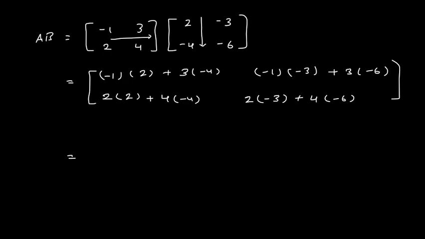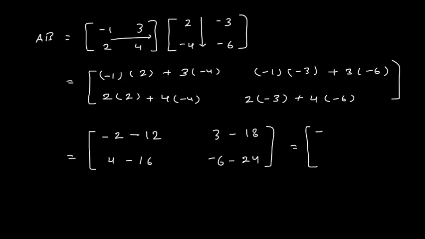This is equals to, now minus 1 into 2 is minus 2, 3 into minus 4 is minus 12. So this is minus 2 minus 12, and this is 2 4 the minus 16, and here we get minus 3 6 the 18, and here minus 6 4 the 24.